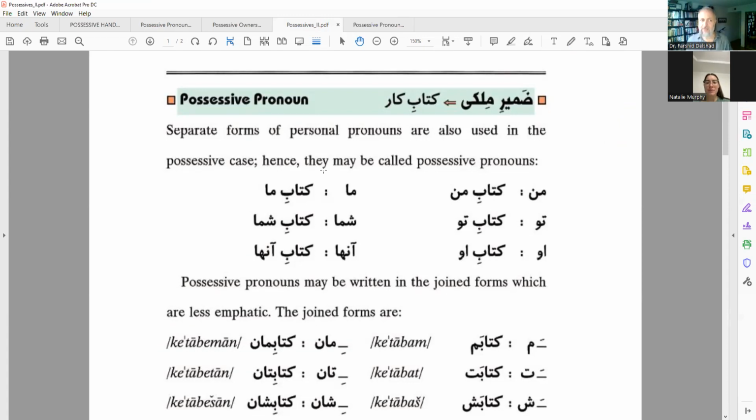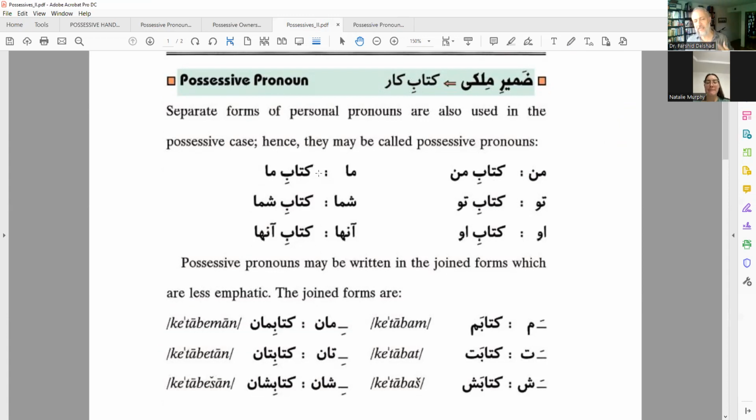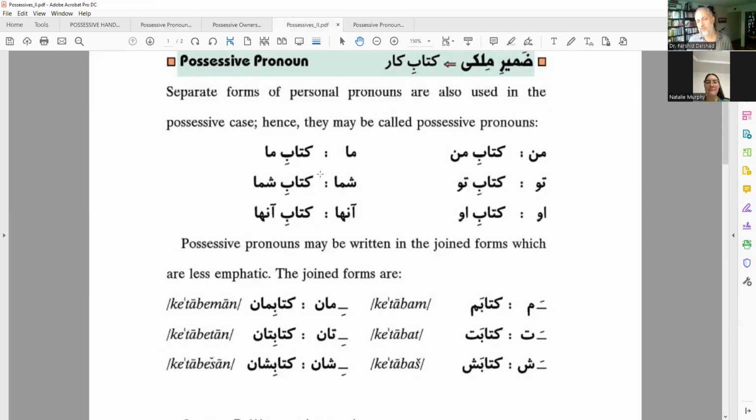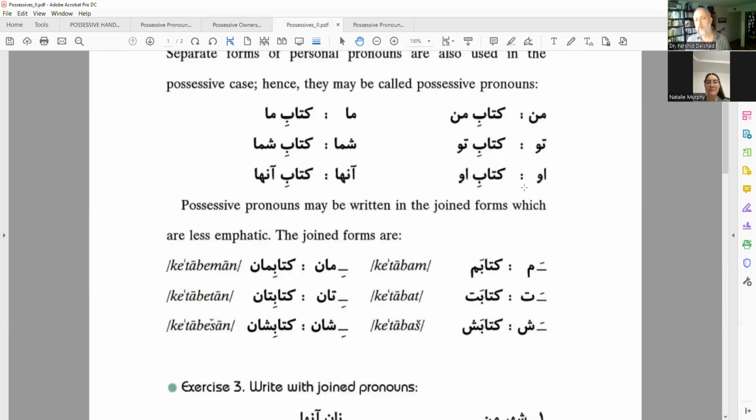So we have possessive pronouns, and this is from a Persian book for teaching Persian to non-native speakers, and it's exactly the same concept that I taught you before. So man, ketabam; ma, ketabam; to, ketabat; shoma, ketabatan; u, ketabash; anha, ketabashan.